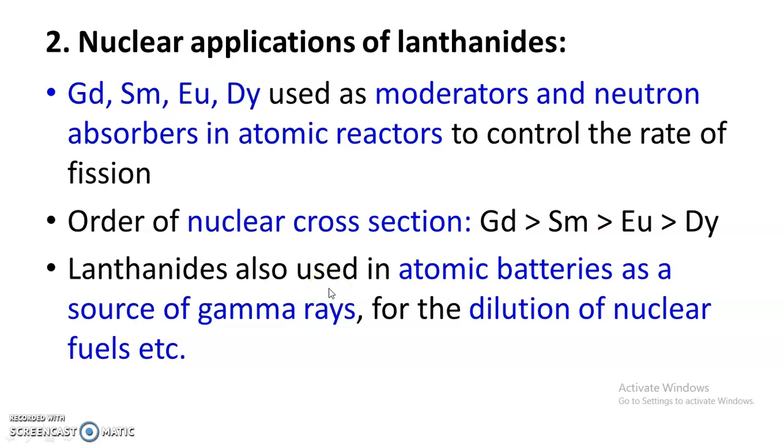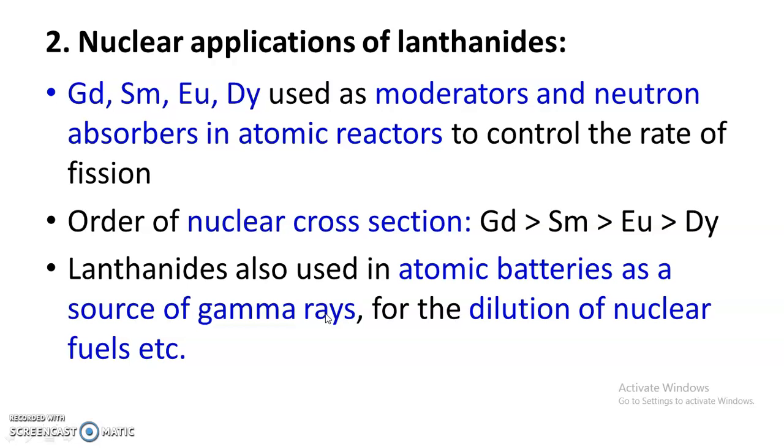Similarly, lanthanides are also used in atomic batteries as a source of gamma rays for the dilution of fuels, etc. A number of lanthanide isotopes have desirable properties for special applications.